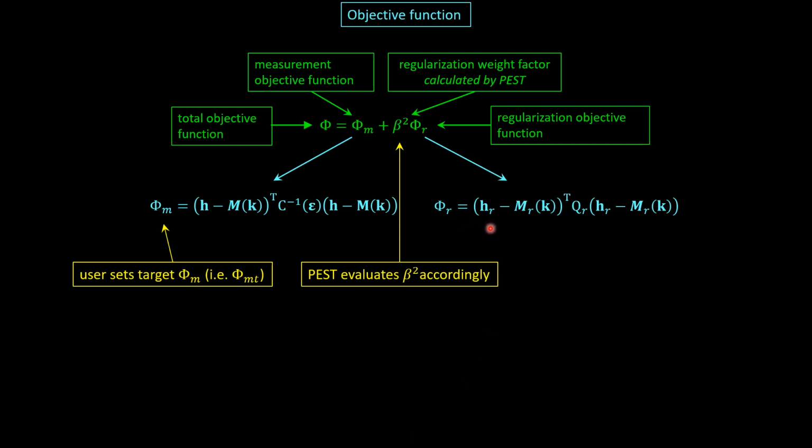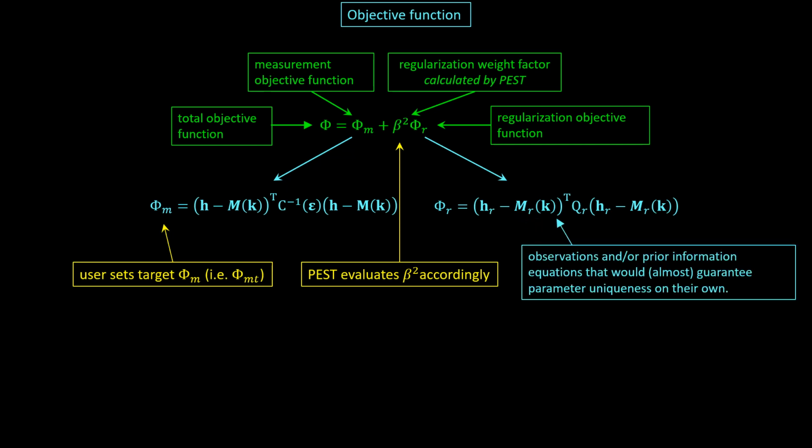HR I'm going to call regularization measurements. And here we have a regularization operator on the parameters. So all this general formula is doing is saying that I have in the back of my head, or I have quite explicitly, defined a preferred parameter condition expressed through these regularization measurements.